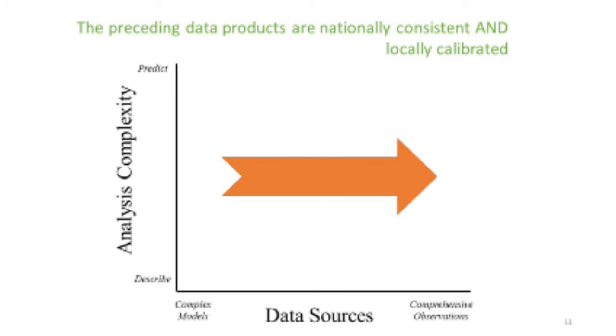So, to summarize, this is a point made in the first video. We are looking for tools that answer a particular question and are as far to the right on this graph. That is, they're based as much as possible on comprehensive observations that are collected at the local level.